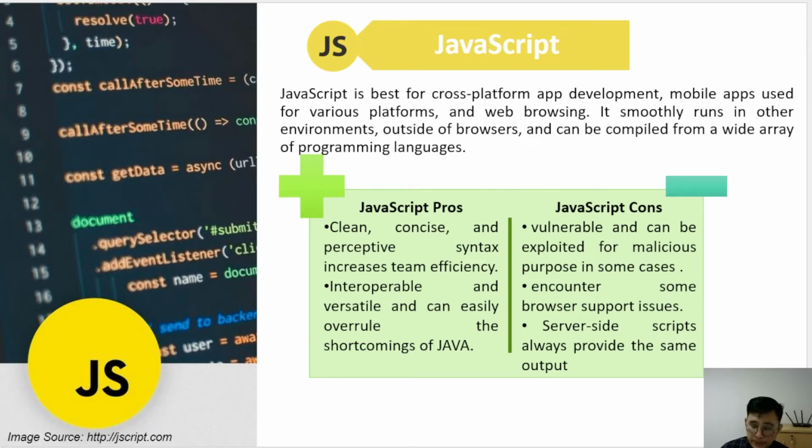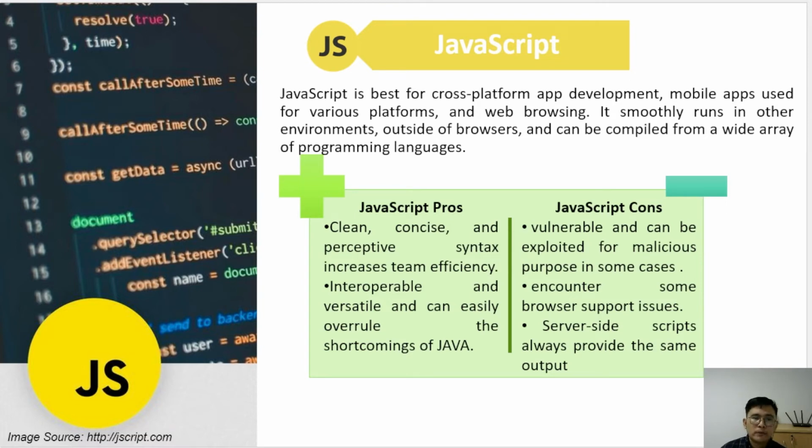We have JavaScript. JavaScript is best if you're going to develop an application for cross-platform needs. If you want your users to access it from mobile, smartphone, or various platforms, or in a web browser such as Google Chrome.